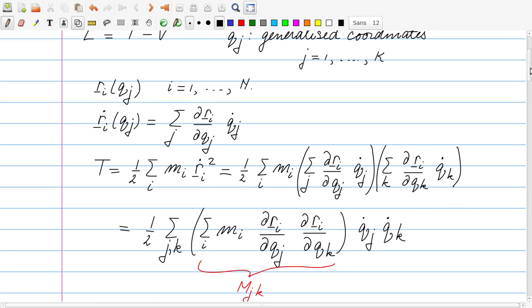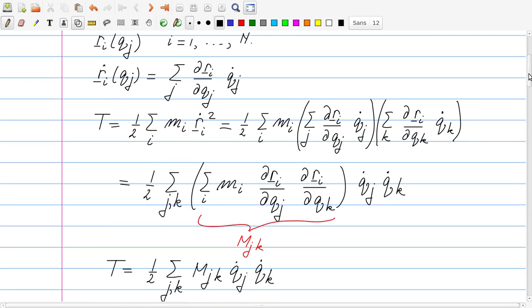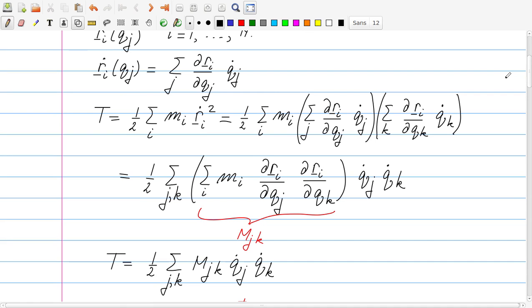If I do that, I get a very simple form for the kinetic energy. It's just a half times the sum over j and k, m_jk, q dot j, q dot k. So the m is a kind of generalized mass. It's a matrix because it has two indices associated with the generalized coordinates q_j and q_k.